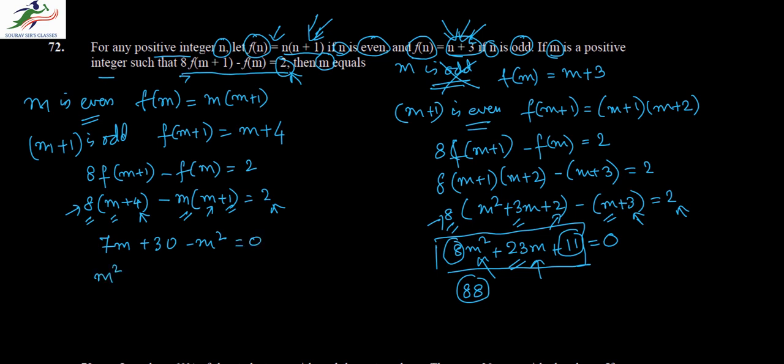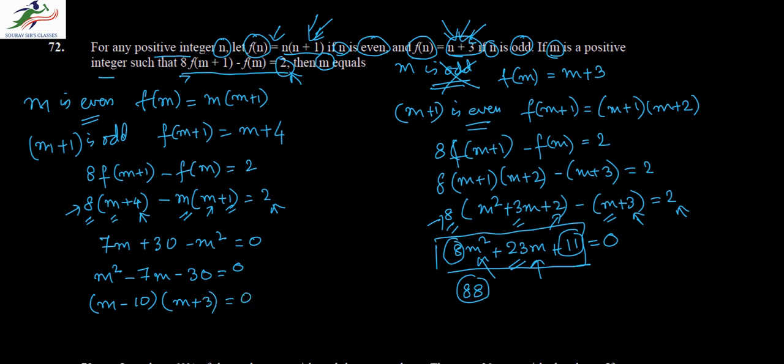Or we can write this as m square minus 7m minus 30 is equal to 0, and this can be factorized into m minus 10 into m plus 3 is equal to 0.